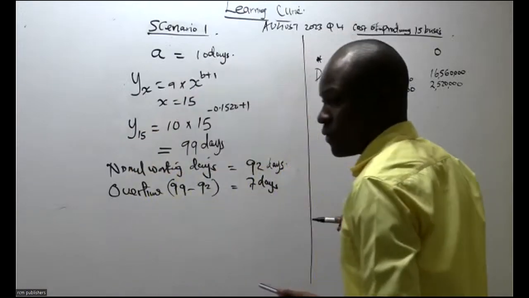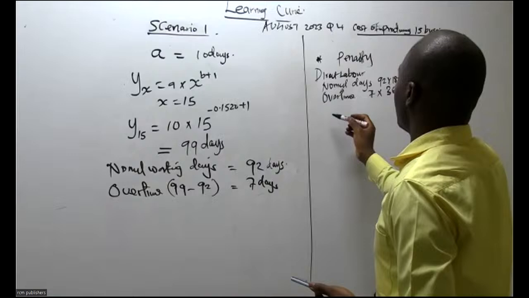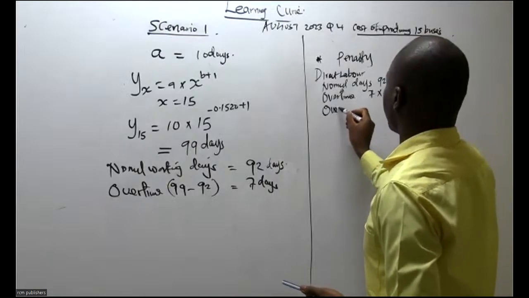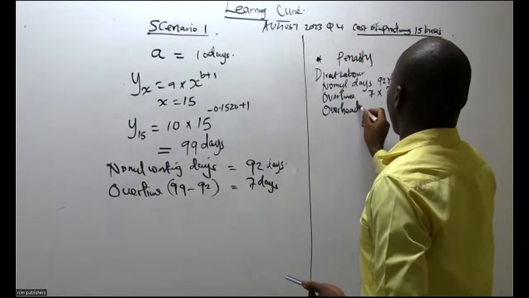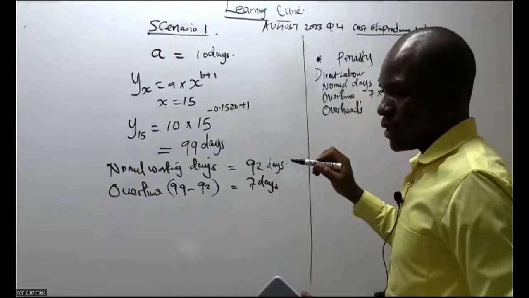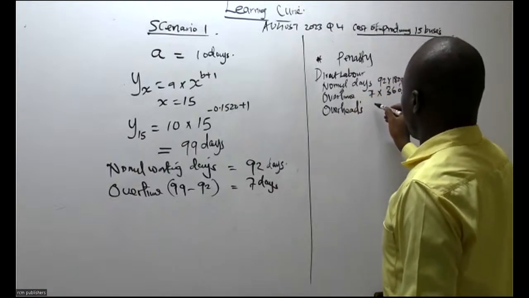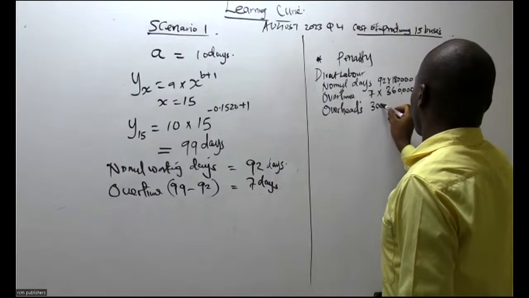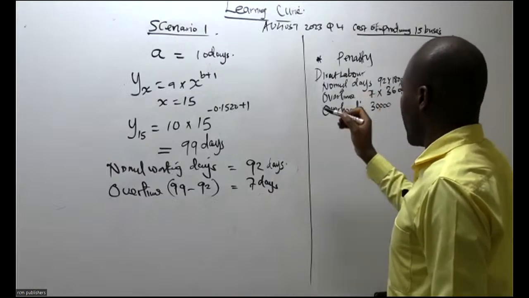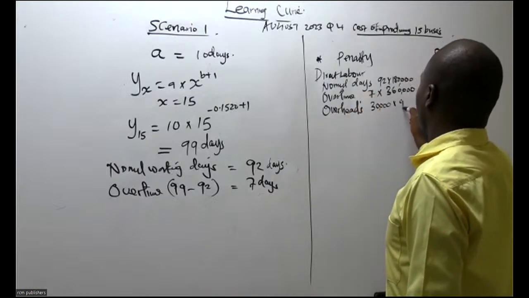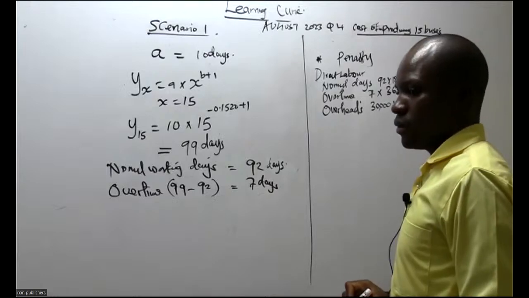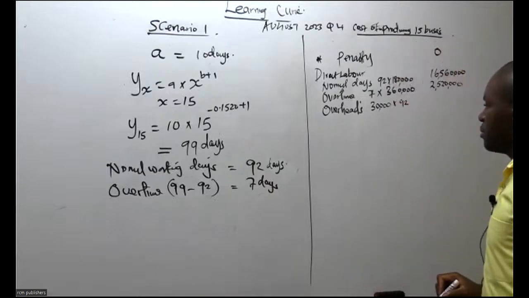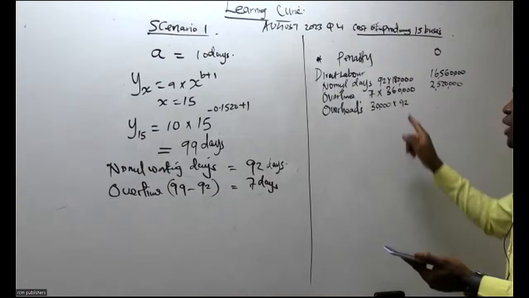So overheads will be allocated at 30,000 per day for the normal working days.